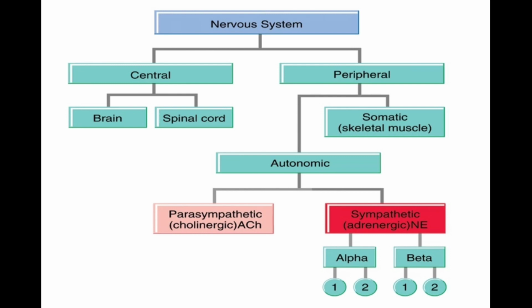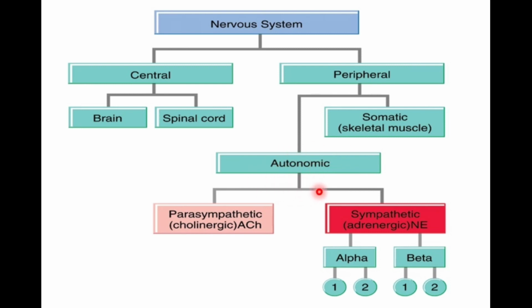Before we can understand how drugs produce their effect in the body, we must have a full understanding of the anatomy and physiology of the relevant organ system. You are very well familiar with the subdivisions of the nervous system. We are going to explain the pharmacology of drugs mainly acting on the autonomic nervous system.